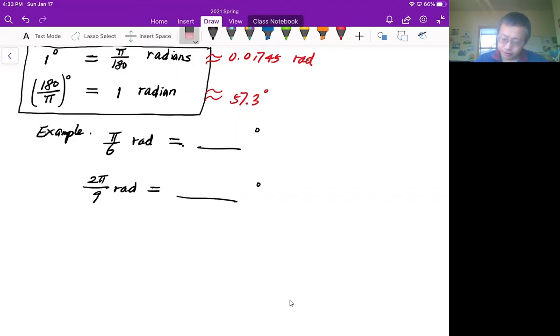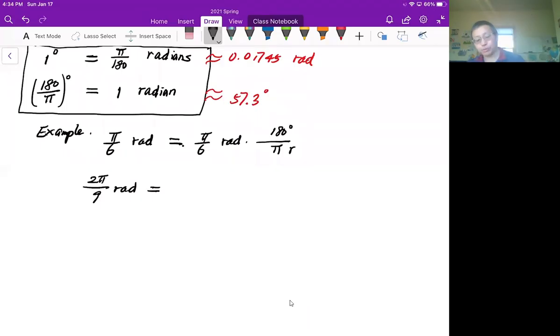Okay, so let's see. First, I have pi over 6 radians. If I want to change that into the degree measure, I just multiply by a conversion factor. A conversion factor is either 180 degrees over pi, or pi over 180, because 180 degrees is equal to pi radians.